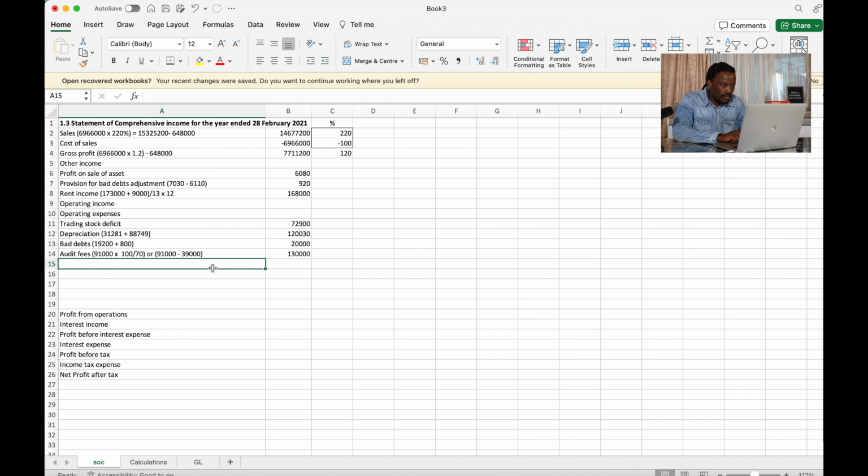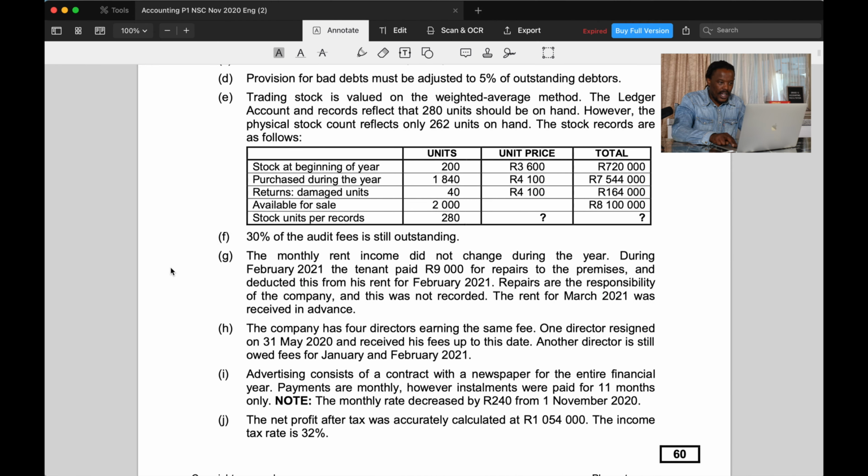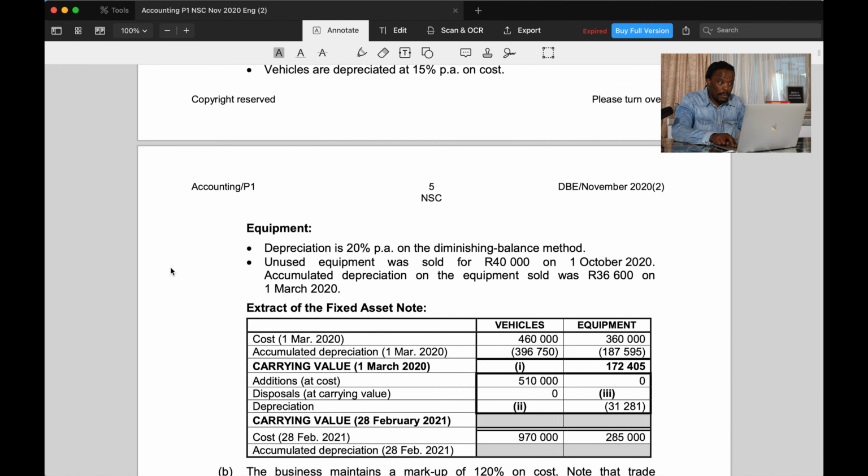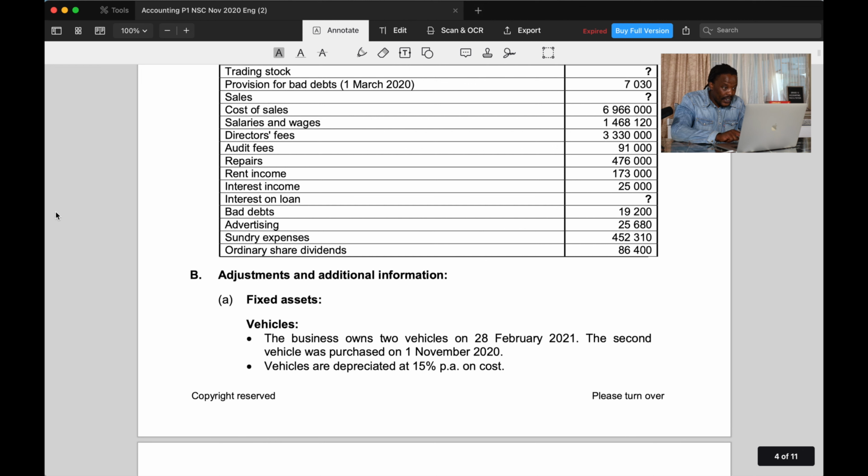Repairs. Let's look at if they gave us any repairs. If they didn't, we just take that amount as it is and record it under expenses.